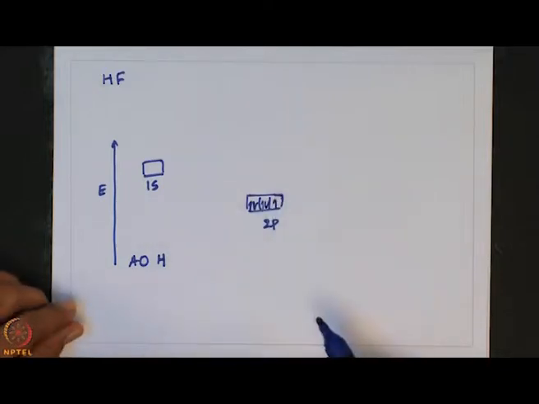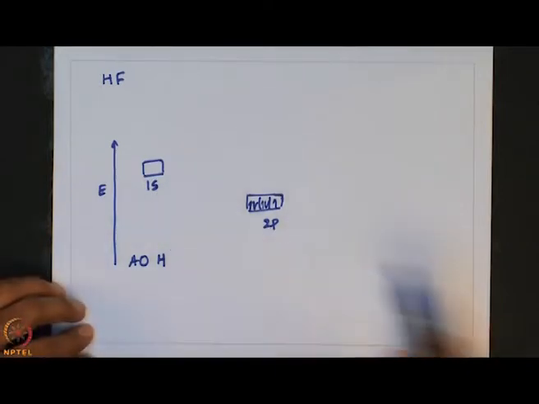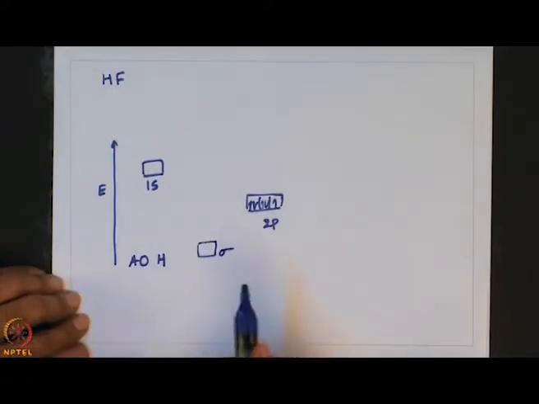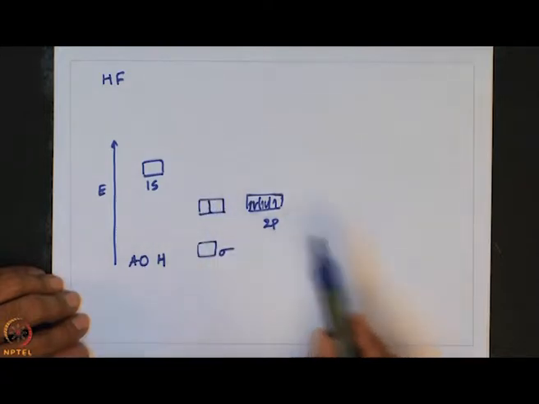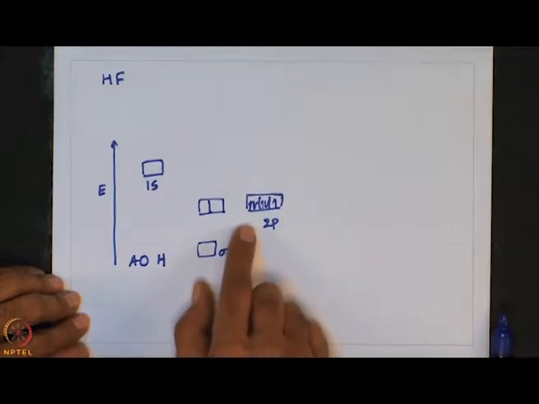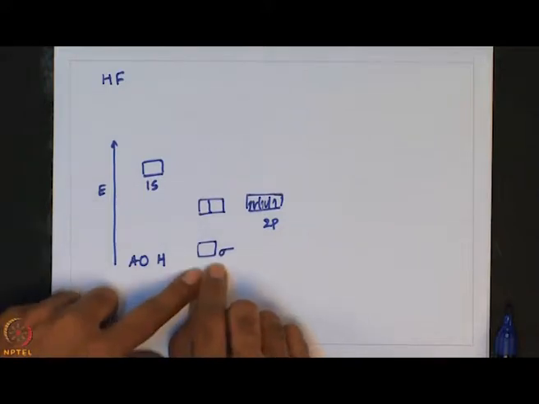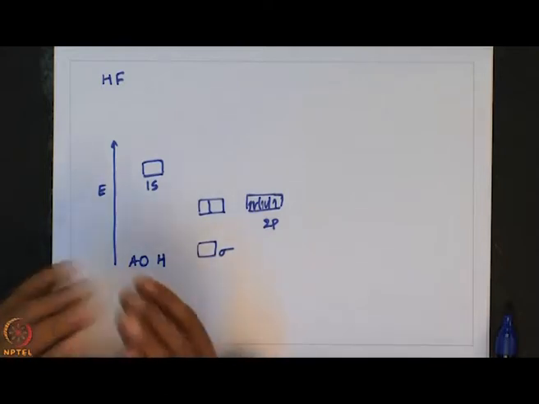So, it combines now. When it combines, 3 plus 1, 4 atomic orbitals are combined to generate 4 molecular orbitals. Out of this, one is bonding here. This is sigma, and then here this is essentially non-bonding, because let us say 2pz interacts with 1s atomic orbital to form the sigma bond, and for the remaining 2px and 2py we do not have corresponding atomic orbitals from hydrogen.